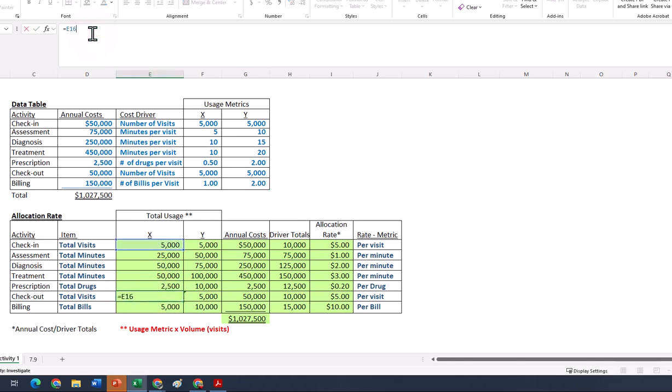So the total visits, and then checkout, it's just the visits. So we just bring in the number of visits. And then the bills, same concepts with the minutes. It's 5,000 times 1, or F11 times F5. And this is 2 per times 5.